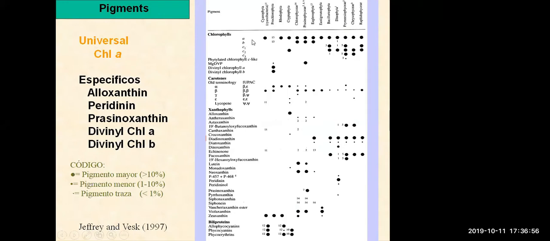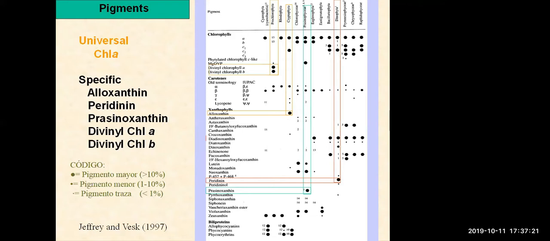Here is chlorophyll A, B, C. Here is divinyl chlorophyll A, that characterizes Prochlorococcus, as I mentioned, and other carotenes and other xanthophylls and even biliproteins. Well, here we have the main phytoplankton groups in the ocean, and we can see that some pigments are specific for some groups.